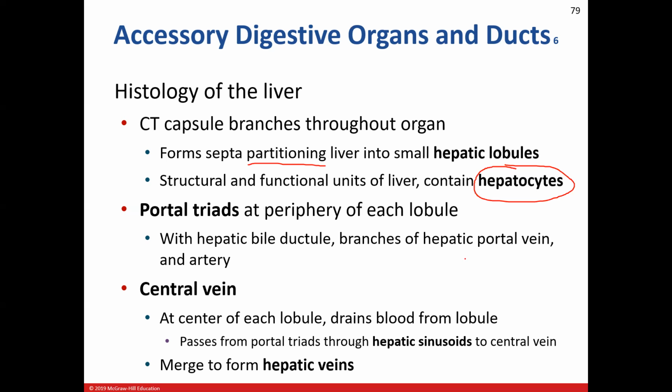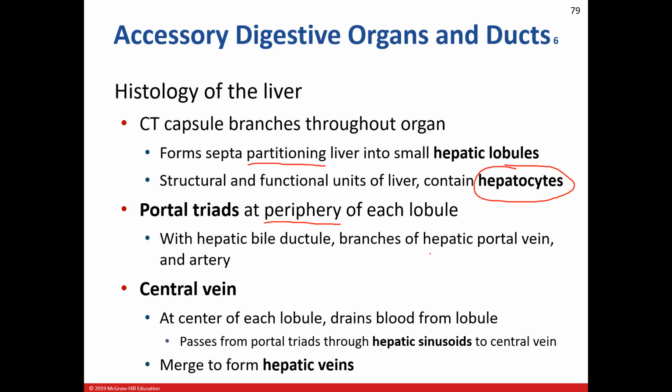But meanwhile, as blood is flowing into the liver, it's going to filter that blood, because a lot of what was just digested in the small intestine is going to get dumped into our hepatic portal system, which is going to be loaded with nutrients, and it's going to go in the liver, and we're going to filter that out. So in these hepatic lobules, and you'll see these at the periphery, we have these structures called portal triads, and each portal triad is going to have a hepatic artery.